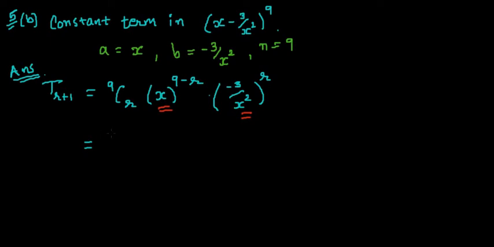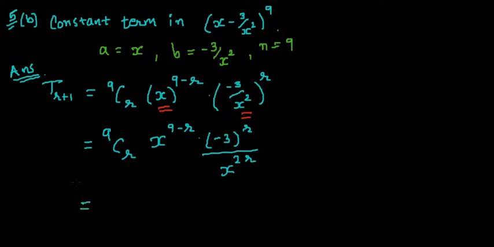So it is 9Cr, x raised to 9 minus r as it is. Now here minus 3 upon x square all raised to r, so minus 3 will get r power, and in the denominator also x square raised to r, that means x raised to 2r, so x will have 2r power there.